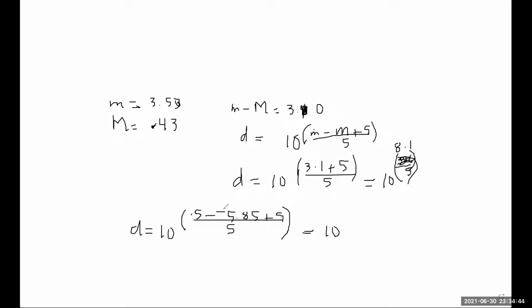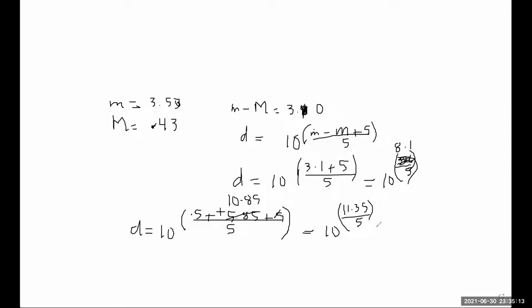Ten to the power, and then this one gets added. So then what would that be? 5 plus 5 is 10.85, plus 0.5, that's going to be 11.35. 11.35 divided by 5.